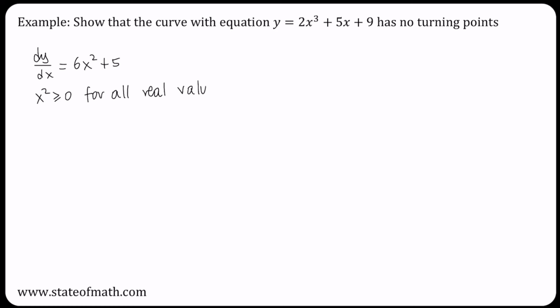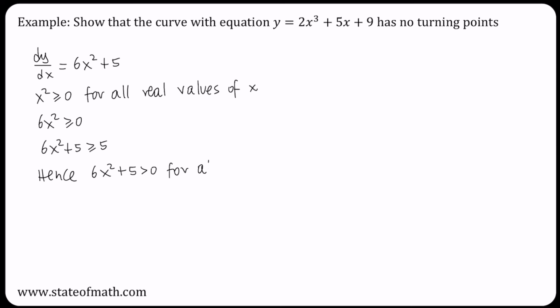which means that if I multiply this by 6, I still have that 6x squared is greater than or equal to 0. And if I add 5, I get 6x squared plus 5 is greater than or equal to 5. Hence, 6x squared plus 5 is greater than 0 for all x.